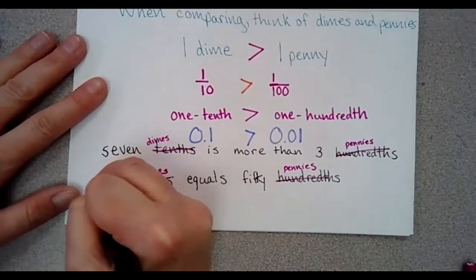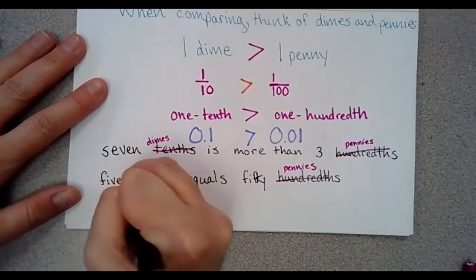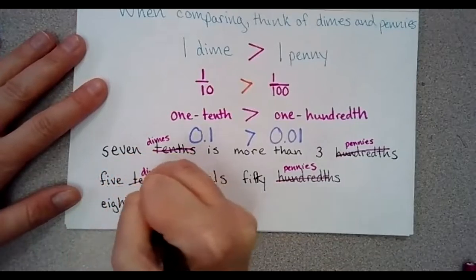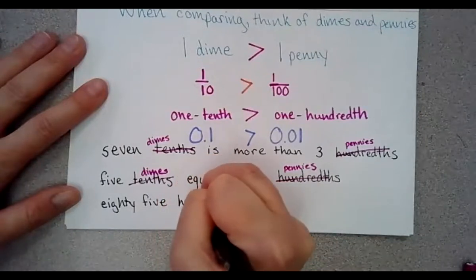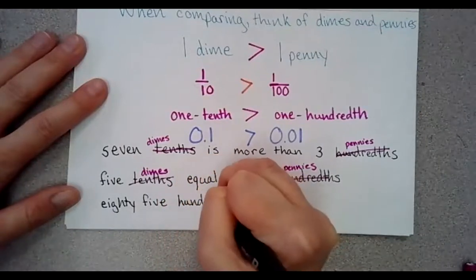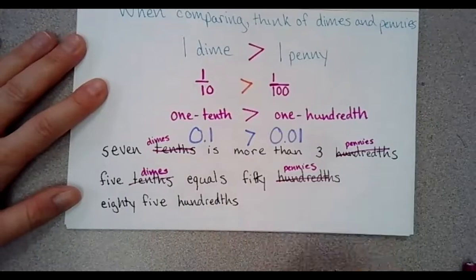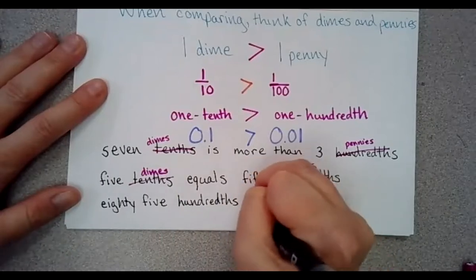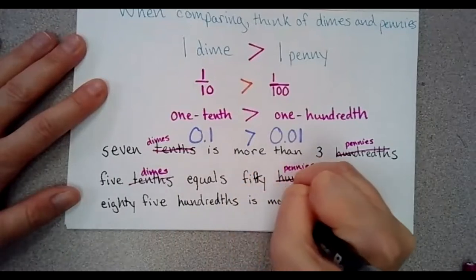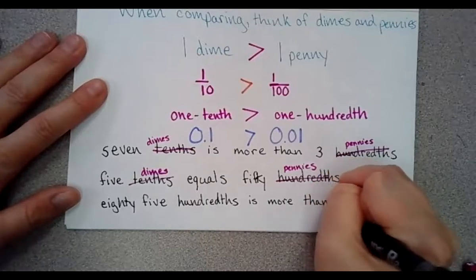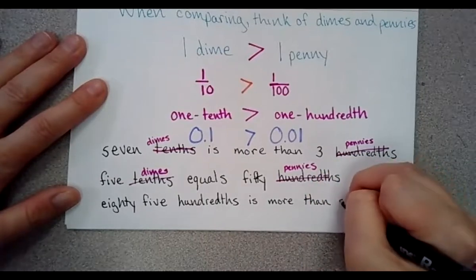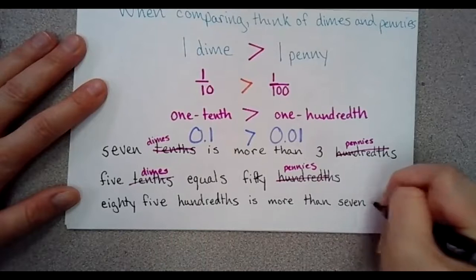Let's do one more. Write down 85 hundredths is more than 7 tenths.